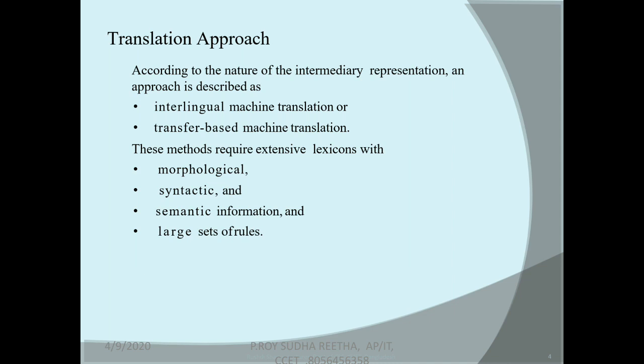The translation approach basically consists of two types of translation. First is interlingual machine translation, and secondly transfer based machine translation. These are the two important types of machine translation we are going to see. It also involves methods like the morphological method, syntactic method, semantic method, and a larger set of rules.